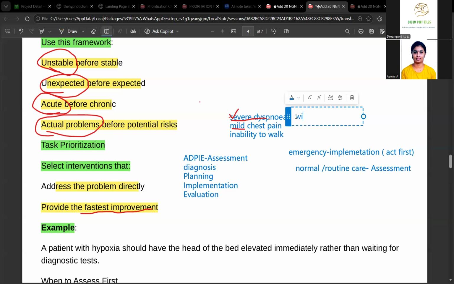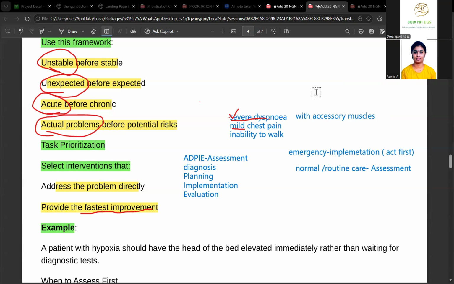Don't misunderstand that. Dyspnea in a COPD patient is a normal one. But if the client is using accessory muscles for respiration, that is an emergency scenario.